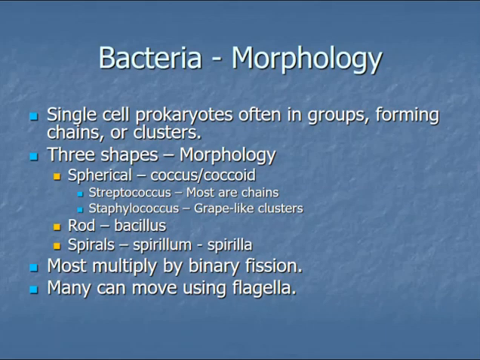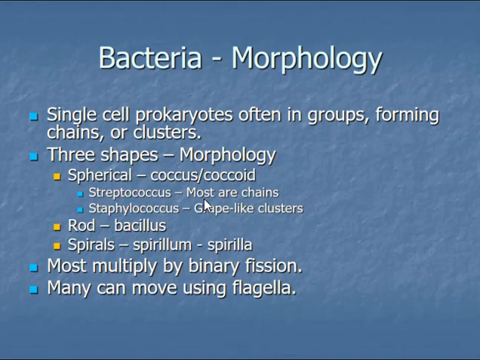All right, first we want to talk about the morphology, or the shape, of bacterium. These are single-cell prokaryotes, and remember, prokaryotes just means that they're not as sophisticated, not as complex of cells, and their DNA is not enclosed in a membrane.